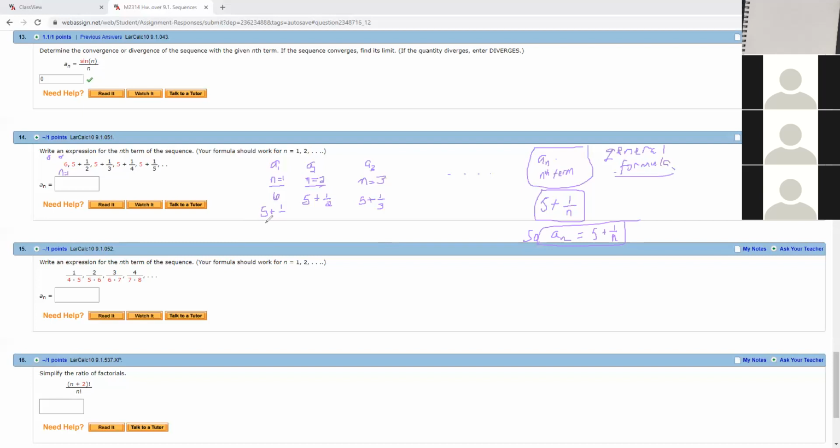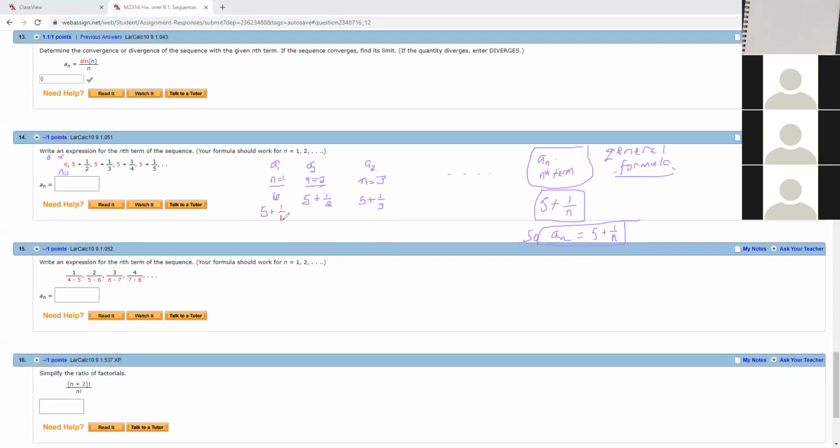But right here, I was just saying this first term, 6, would be 5 plus 1 over, what would be the n value you would put right here? Not a 2, not a 3, not a 4, and so forth, but just a what right here? What would be right here? When n equals what? 1.